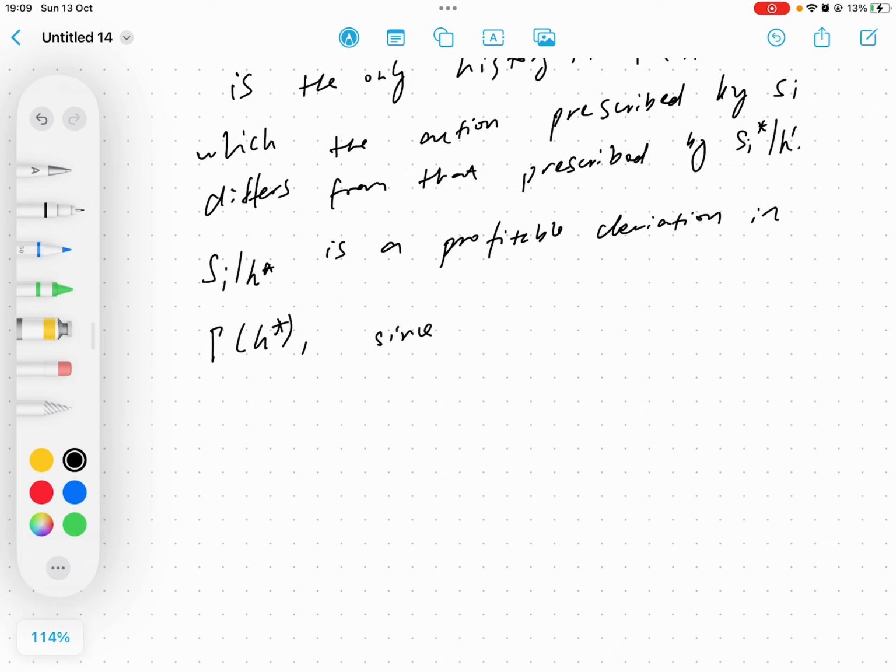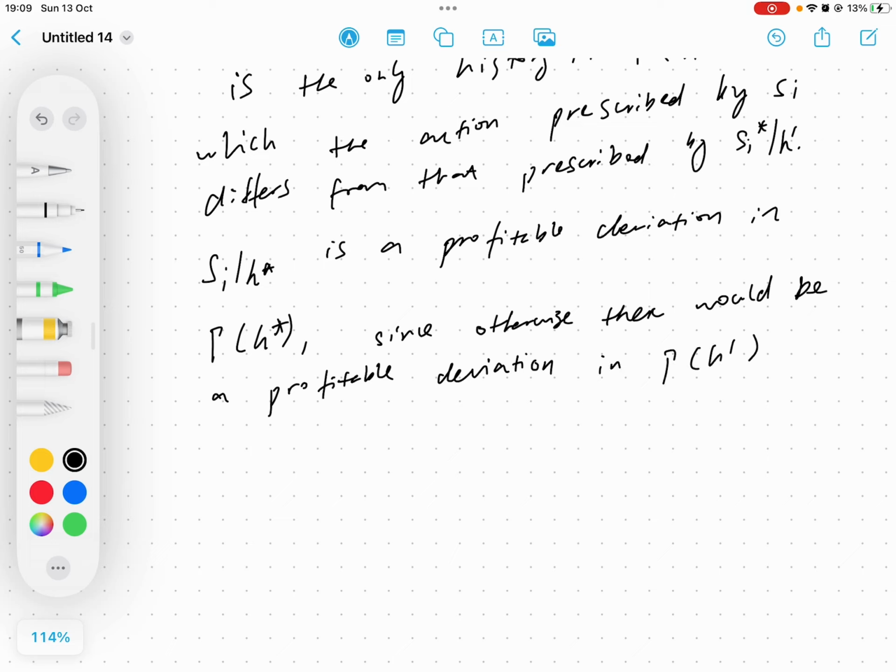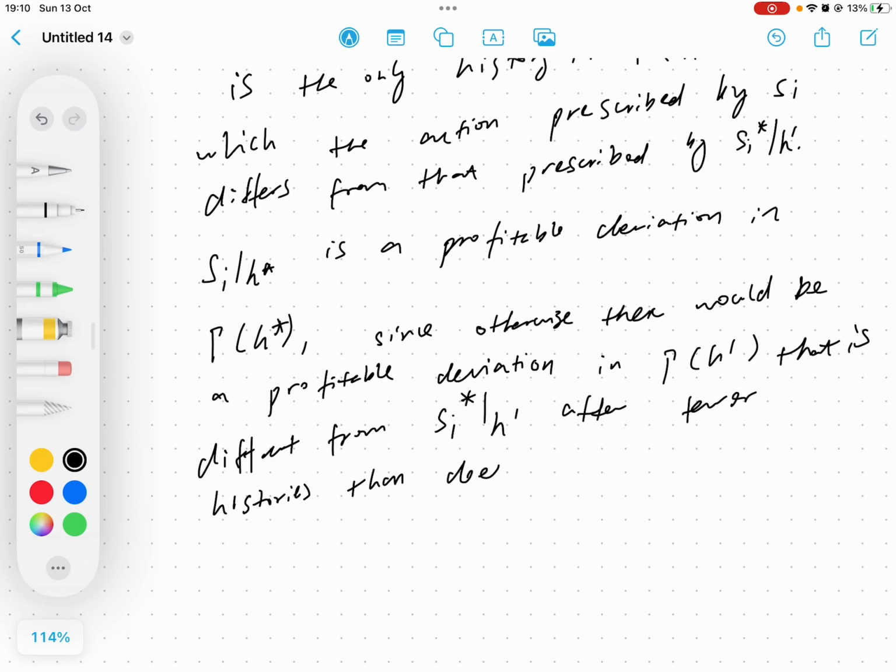Since otherwise there would be a profitable deviation in the gamma h prime that is different from Si star following h prime after fewer histories than does Si.